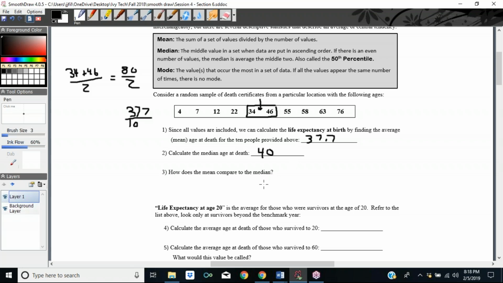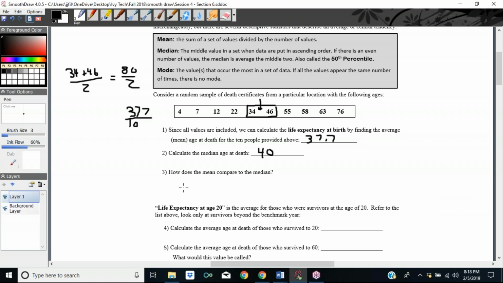And it says, how does the mean compare to the median? So 37.7 is the mean, 40 is the median. How do they compare? And here we want to start using our quantitative reasoning. So we could say something like, the mean is more than 2 years less than the median.